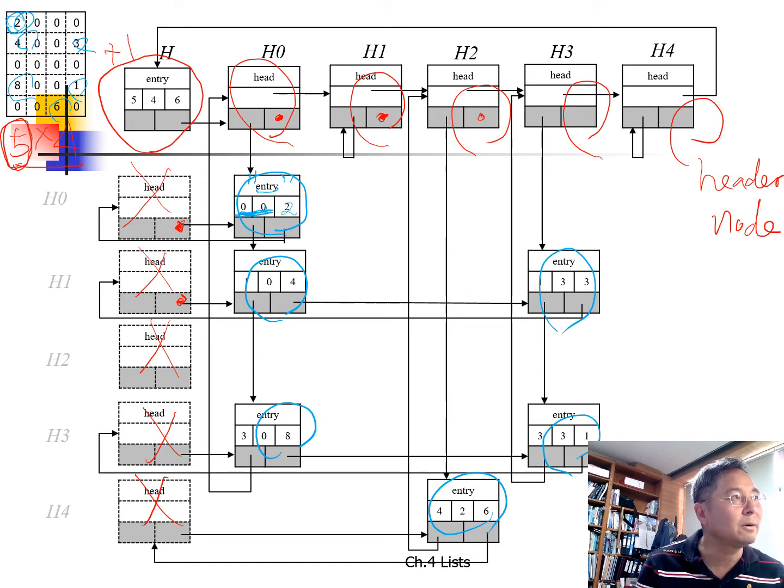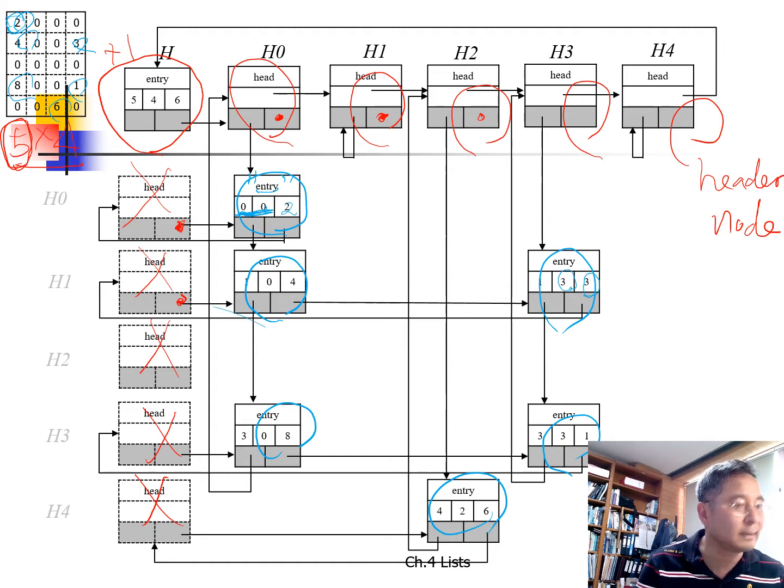How about the 4 here? Row is 1, column is 0, and the non-zero value is 4. How about the 3? The row value is 1, and the column value is 3, and the non-zero value itself is also 3.